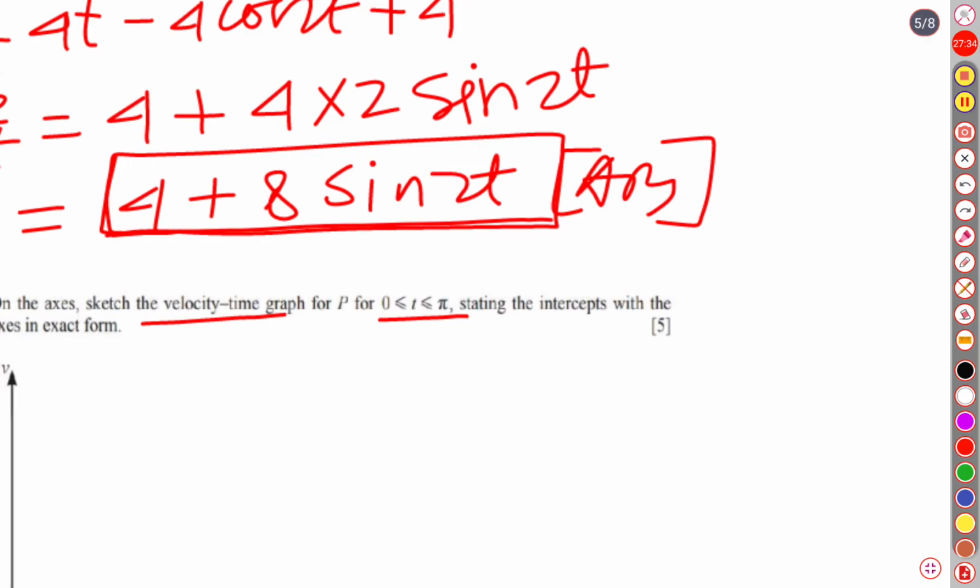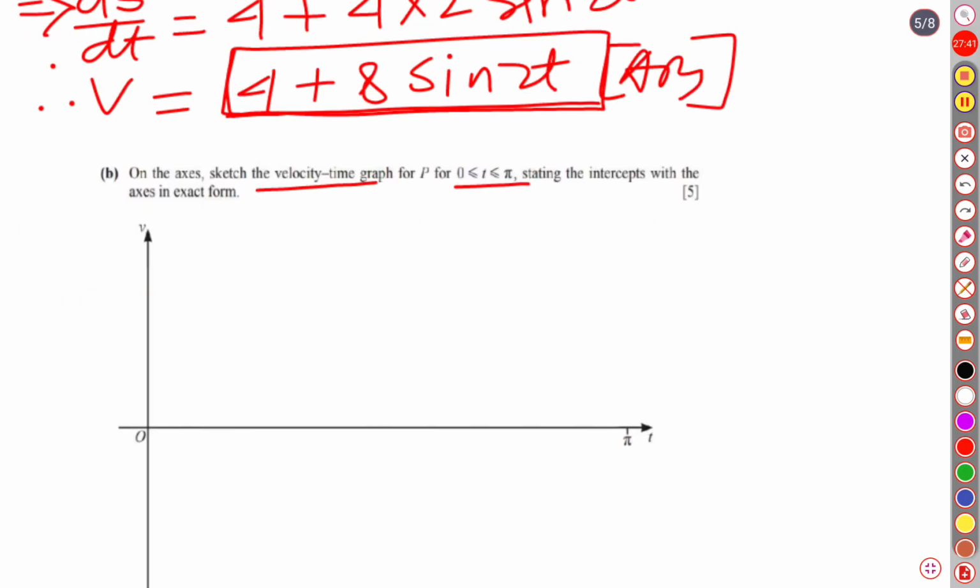First of all, the line of equation is 4. So let's start drawing. Let's write here 4. This can be a dotted line because we don't need to show this. This is actually the line of equation.